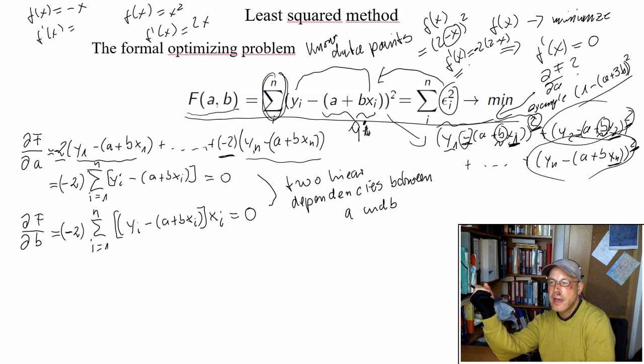So what we now have then is two linear equations and two variables.